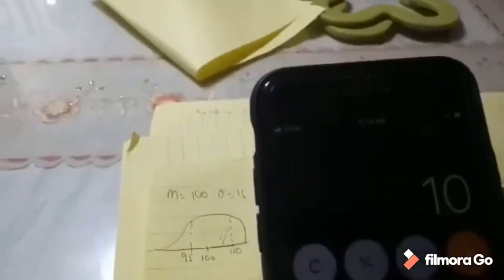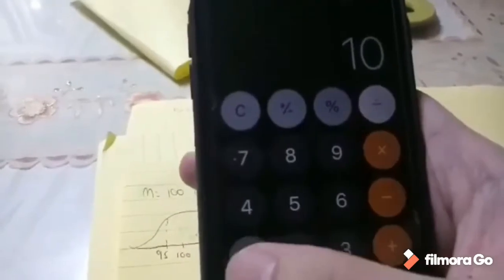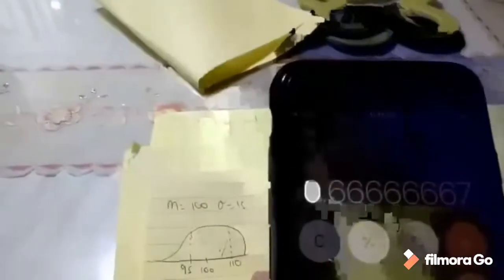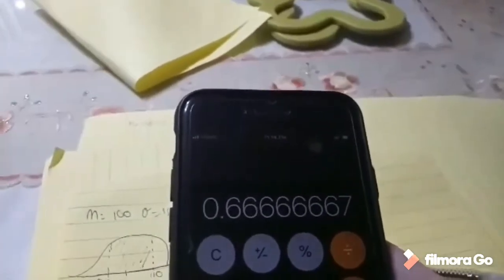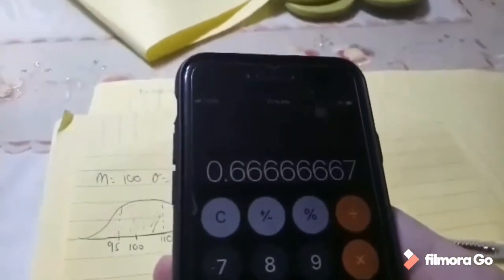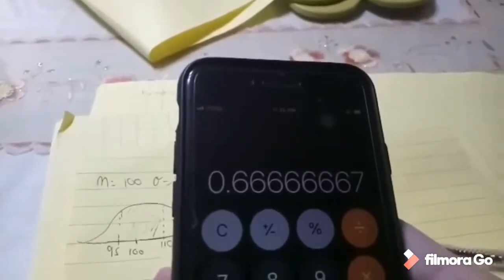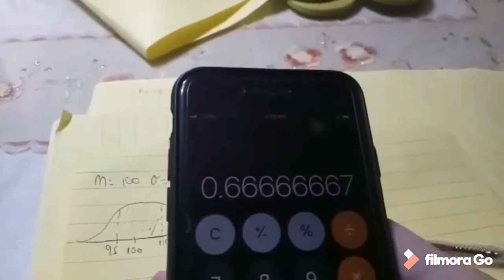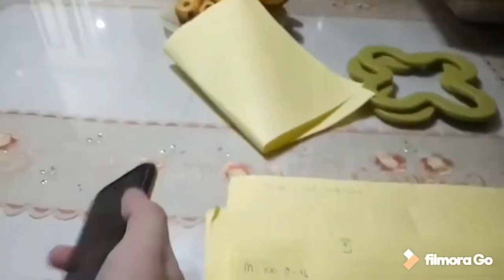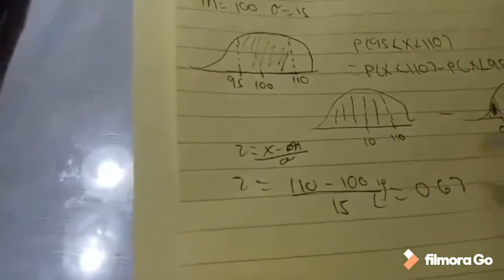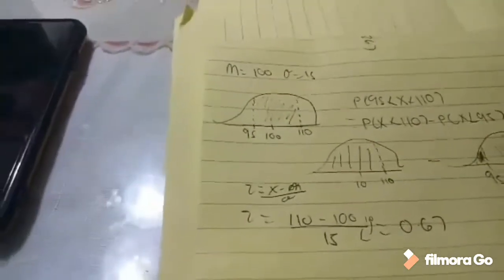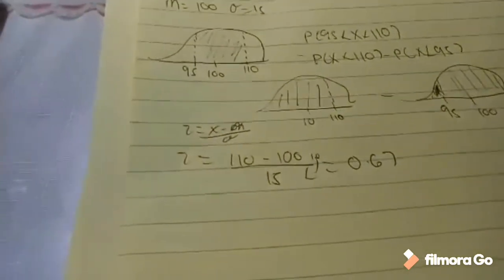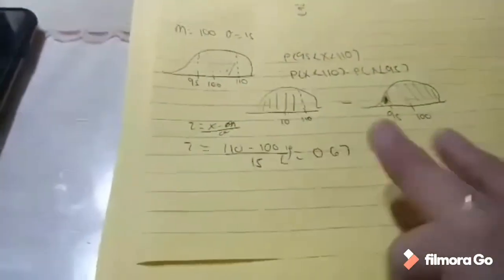It's a continuing decimal, 0.666, so we're going to use two decimal places and round off to 0.67. Later we'll determine the value of that on the z table.